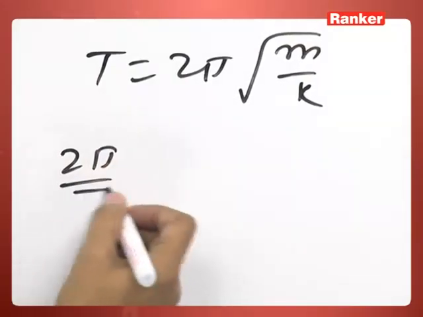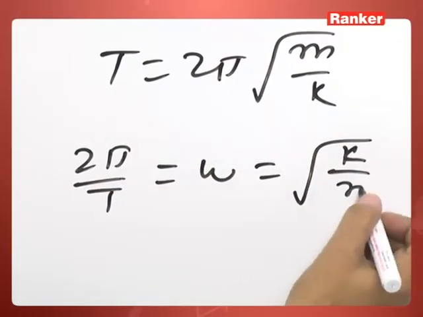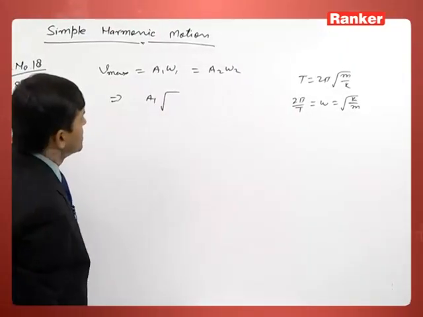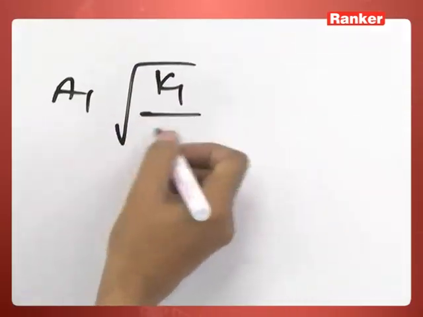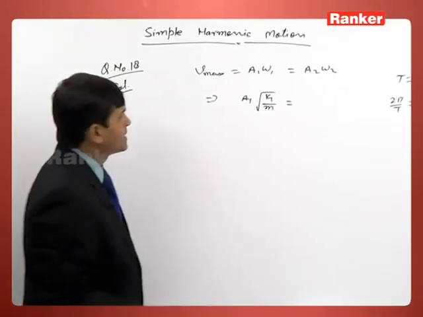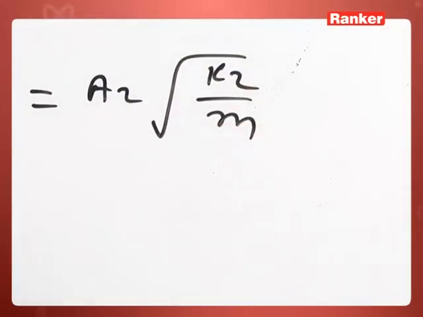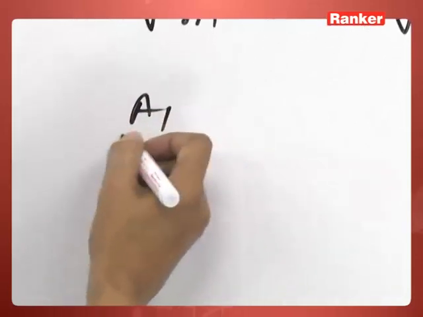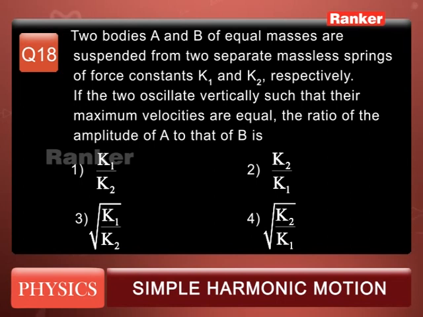So 2 pi by T is omega, which is root k by m. So omega1 is root k1 by m, as mass is the same. And for the second, omega2 is root k2 by m. So this gives us A1 by A2 is equal to root over K2 by K1. So option number 4 is the correct option.